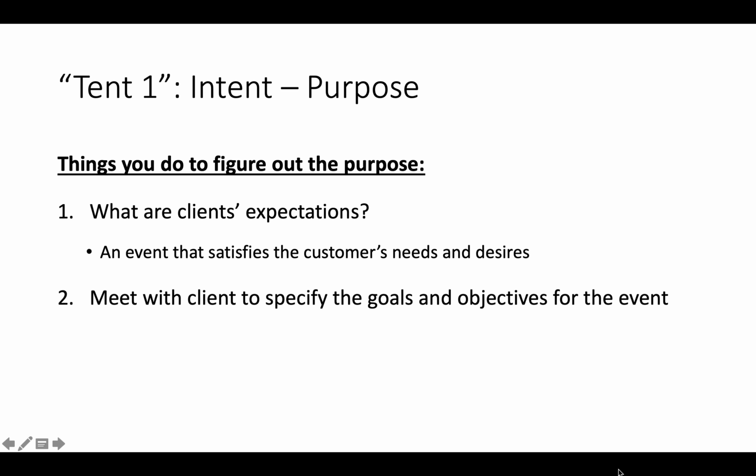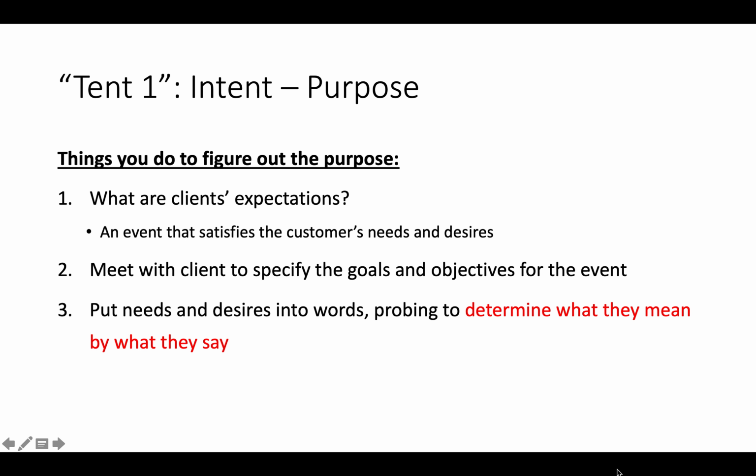We need to meet with our clients and figure out the purpose for them to hold the event. Following are the things you need to do in order to figure out the purpose. We will need to meet with our clients to ask what their expectations are. And we also need to meet with the clients to specify the goals and objectives they hope to reach through holding the event.